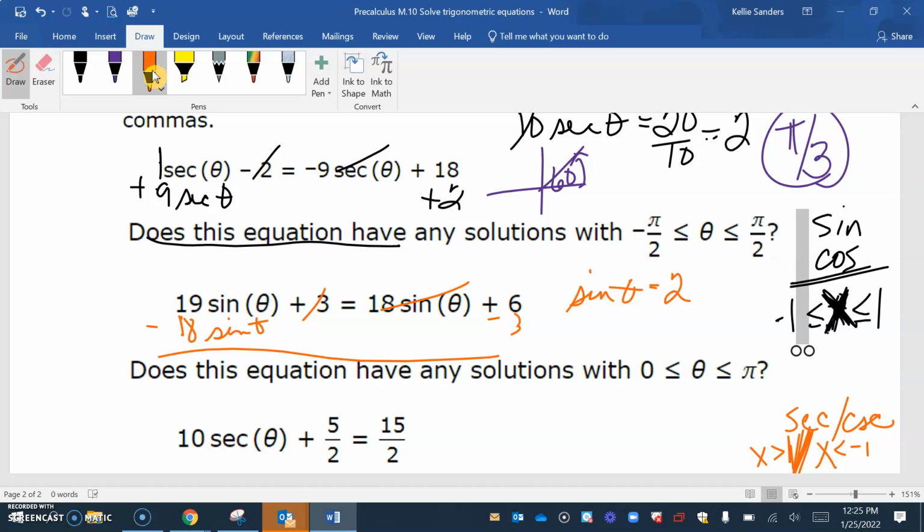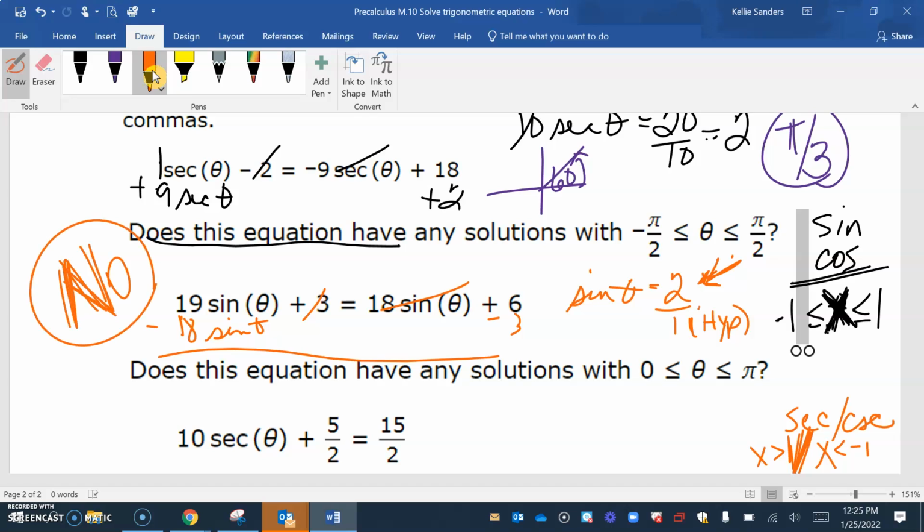Remember, sine is opposite over hypotenuse. And if this is the hypotenuse, and remember hypotenuse is always the longest side of a triangle, well, this couldn't be opposite because 1 is smaller than 2. So anytime the top is bigger than the bottom, we're not going to be able to do sine or cosine because the hypotenuse is smaller than the top. So your answer to this is no. The equation doesn't have any solutions because you can't take a sine of a positive 2.